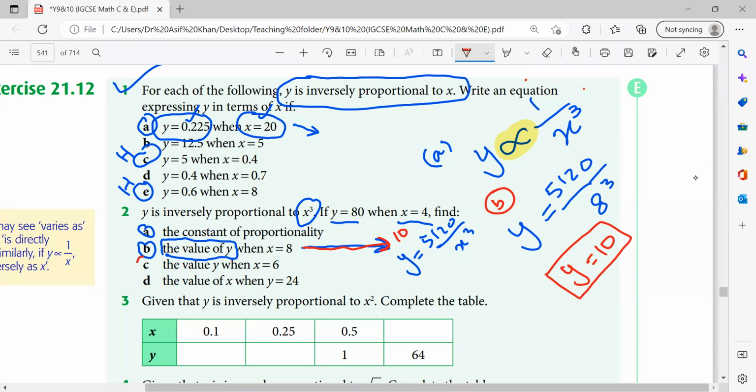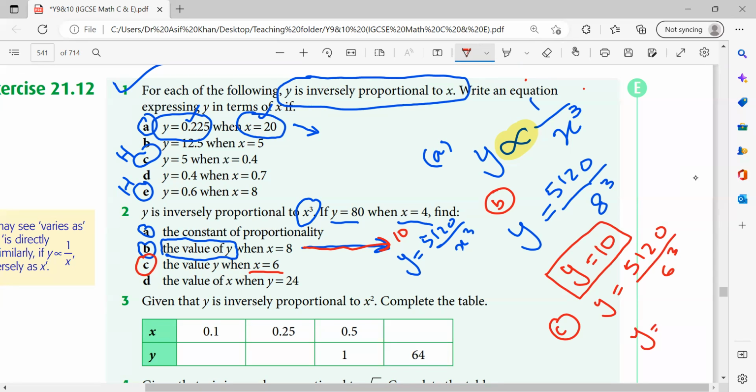Similarly, in part C, you have to find the value of y when x is equal to 6. In place of 8 cube, you will write 6 cube. In part C, the rest remains the same. y is equal to 5120 divided by 6 cube.